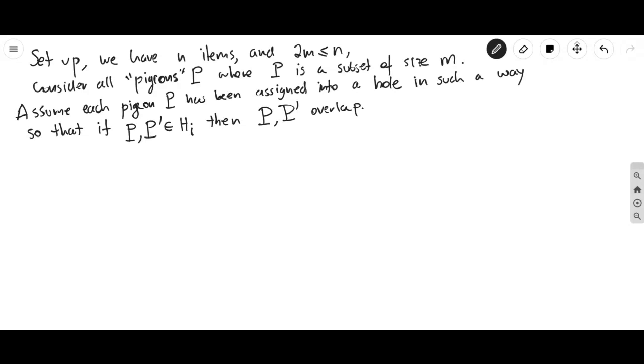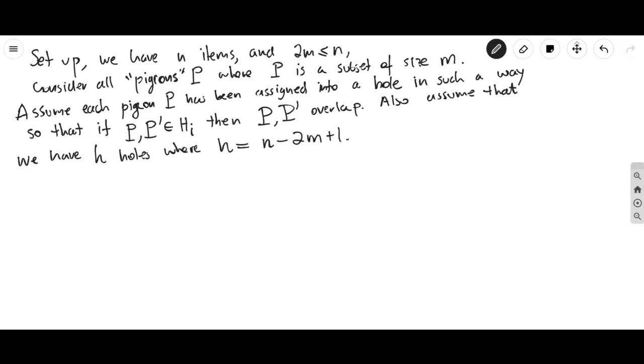So we're going to get a contradiction out of this. So also assume that we have h holes, where the number h is equal to n minus 2m plus 1.